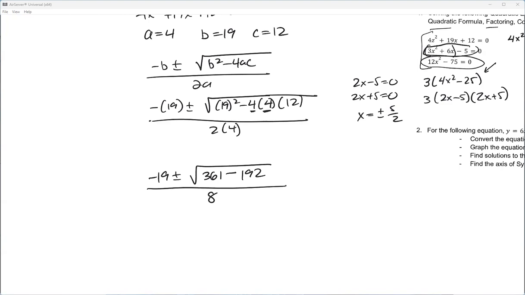So 4 times 4 is 16, times 12. That's how we got the 192. 2 times 4 is 8.